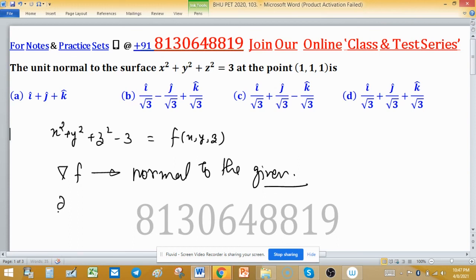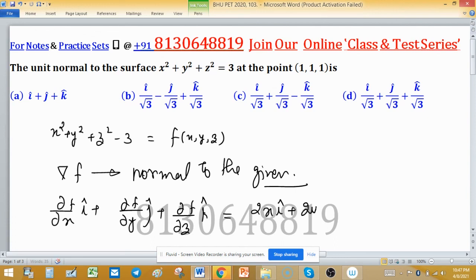This one will be partial f with respect to x i hat plus partial f with respect to y j hat plus partial f with respect to z k hat, and this one equals 2x i hat plus 2y j hat plus 2z k hat.